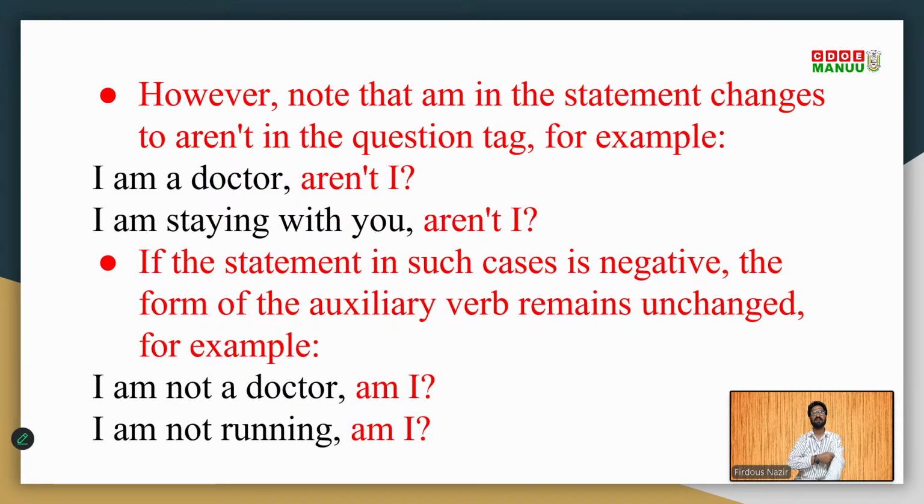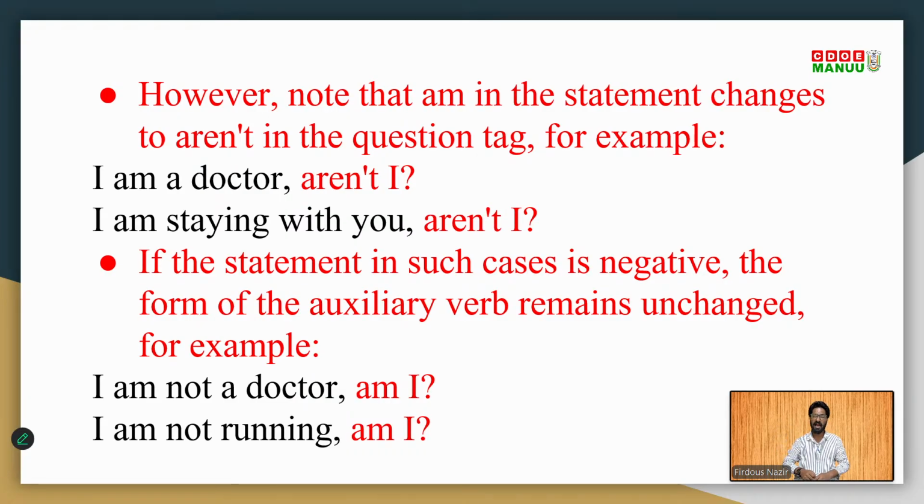Now, again, this is very much important. Am. What do we use when we have am in the statement? For example, I am a teacher. Then I need to add a question tag. I cannot say, amn't I? I am a teacher, amn't I? That's wrong.